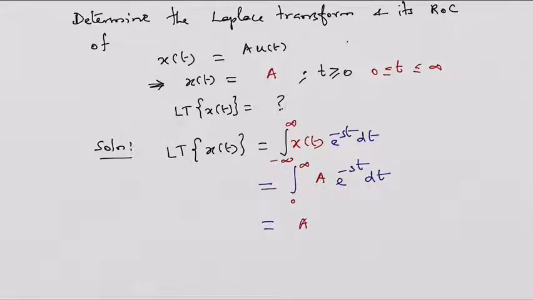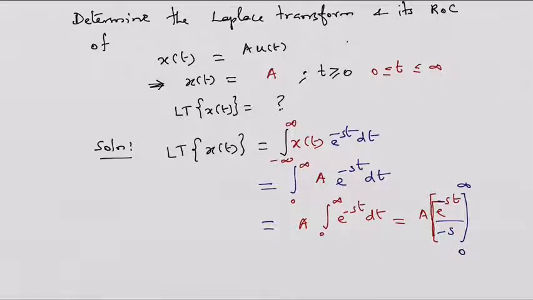If a is taken outside of the integral, this will result in the integration of e power minus st dt, which will be written as a into e power minus st divided by minus s, where the lower limit is 0 and the upper limit is infinity.